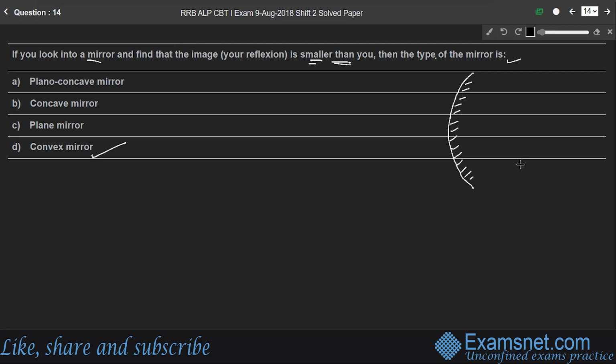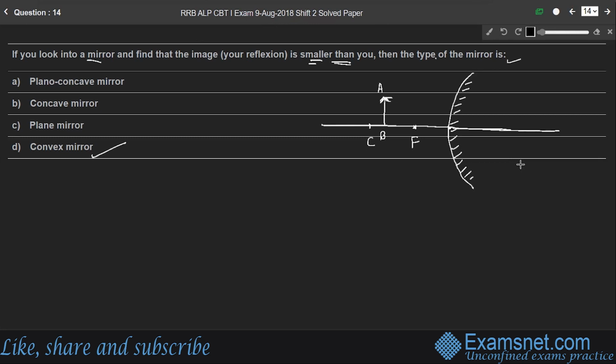We will consider its center of curvature C and focus F. Here an object is placed between the center of curvature and focus. Let AB be the object.